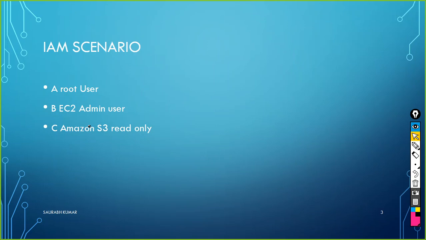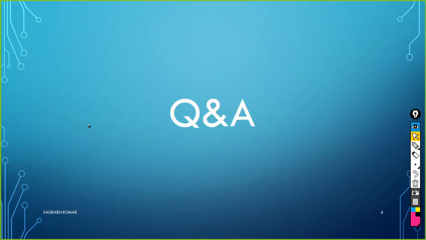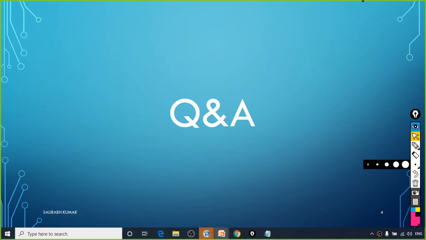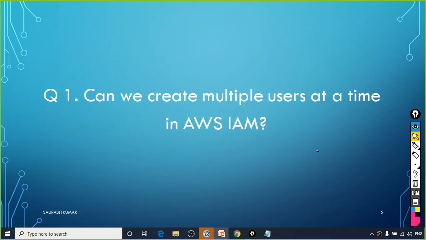Now I'm moving to the question answer section of it. So let's go to the first question here. The first question is, can we create multiple users at a time in AWS IAM? Meaning that when you are creating new user account, when you have the wizard where you type the username to create the user account, will you be able to add multiple names there?